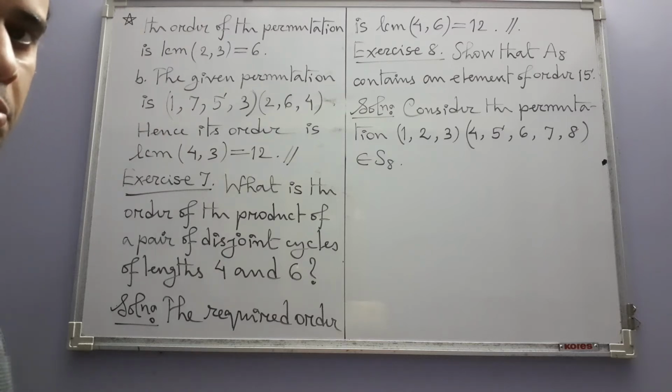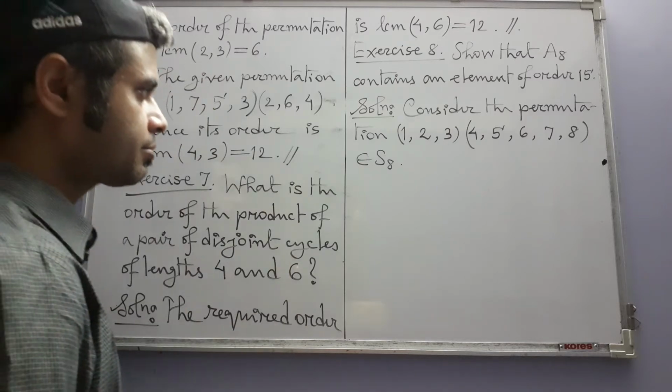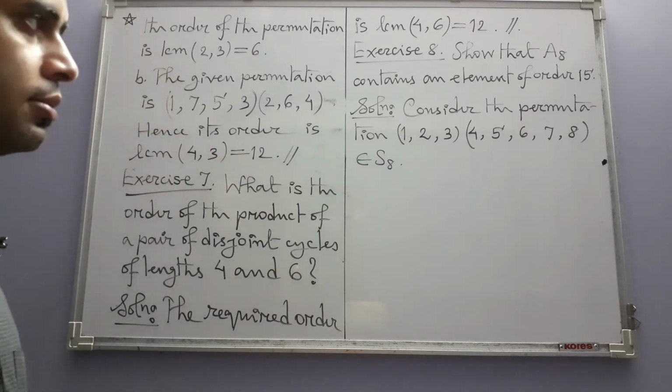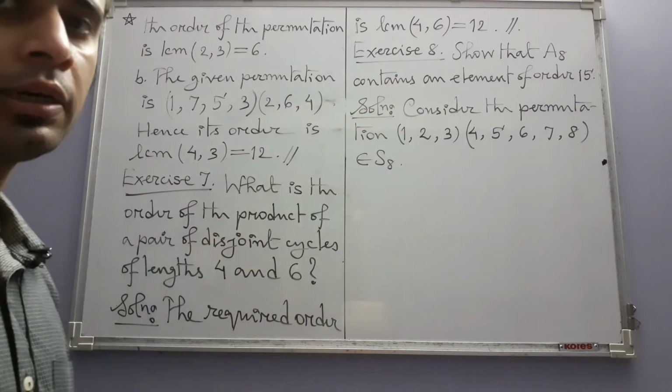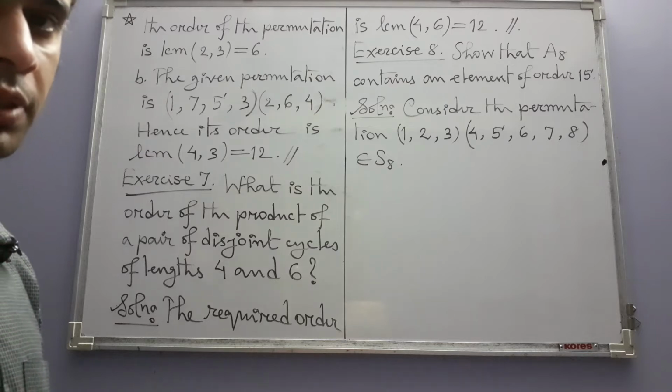That means the group of permutations on 8 symbols. Now the question is this: is this also in the alternating group A8? That is, is this an even permutation?